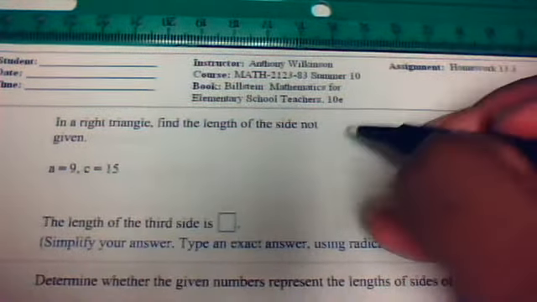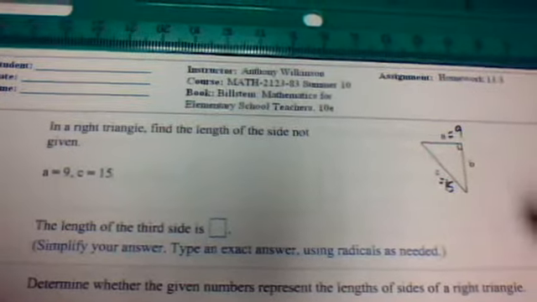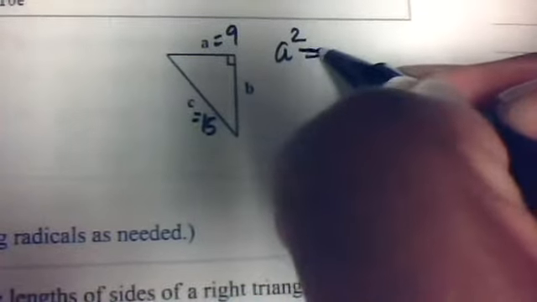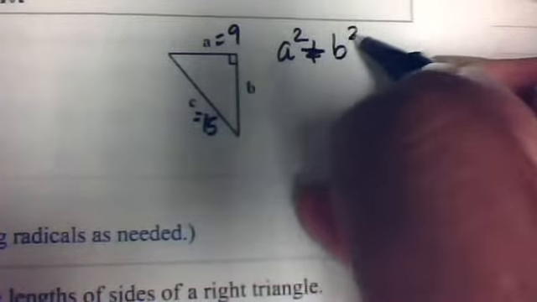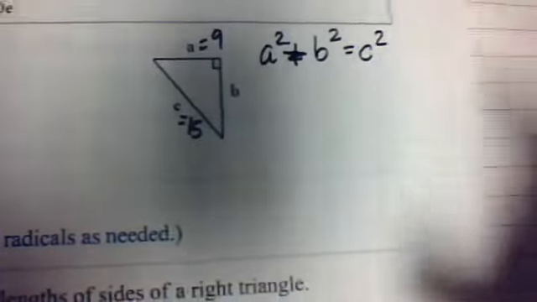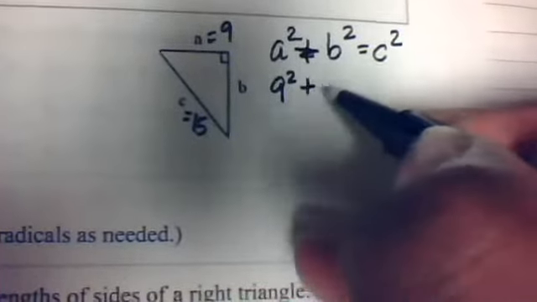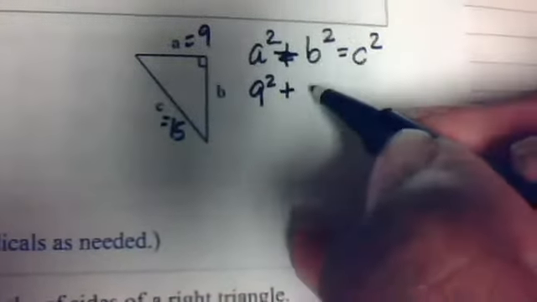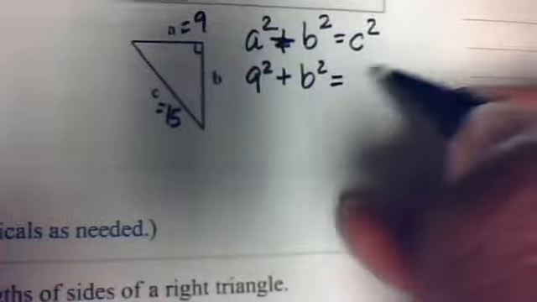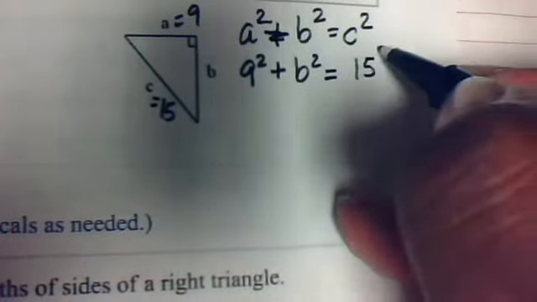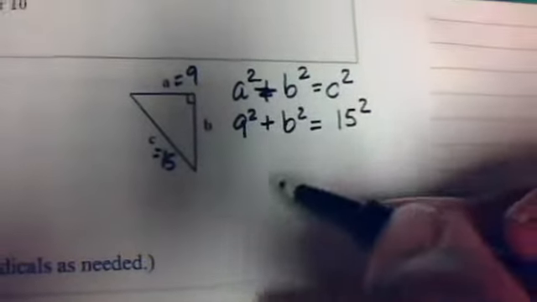So here we have to use the formula for the Pythagorean Theorem, which in this case is going to be a squared plus b squared is equal to c squared. Now a is given as 9, so we'll have 9 squared plus b squared, which is what we're trying to find, is equal to c, which is 15, so it'll be 15 squared.